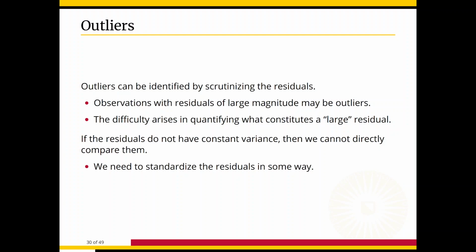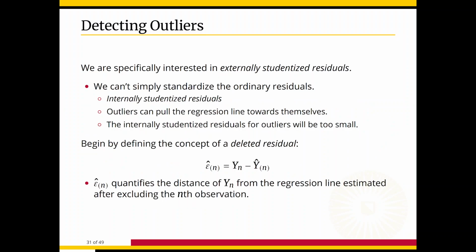Also, we would like to have things on kind of a unitless metric. So we're going to standardize the residuals before we try to detect outliers. And by standardize, we basically just mean we're going to create z-scores. So we're going to subtract the mean and then divide by the standard deviation. But we're going to do this in a little bit of a special way. So what we want are so-called externally studentized residuals.